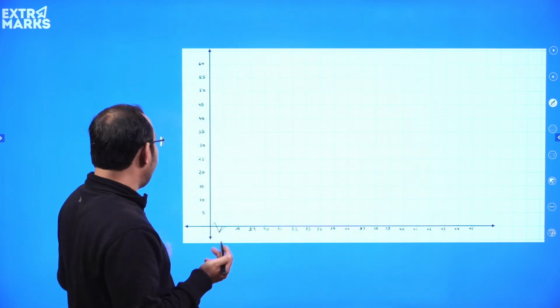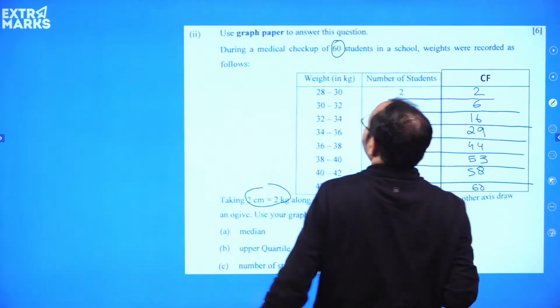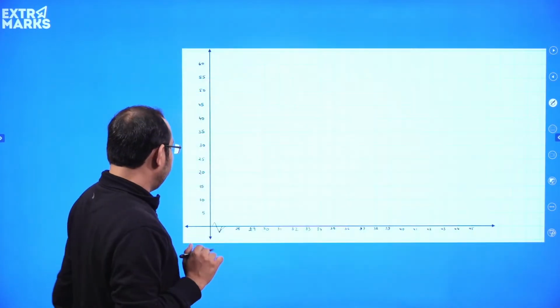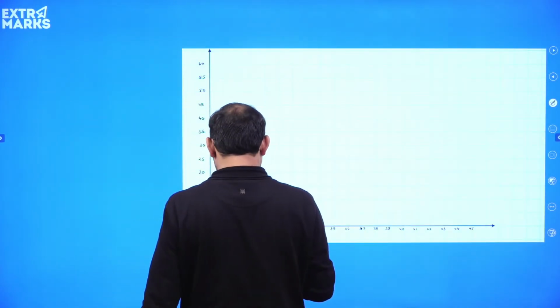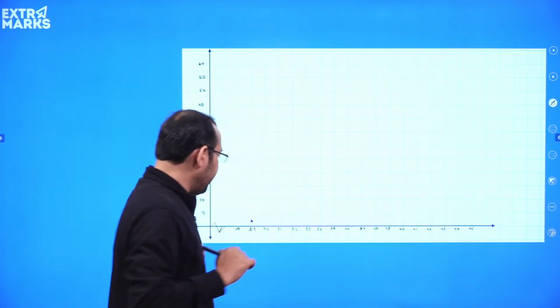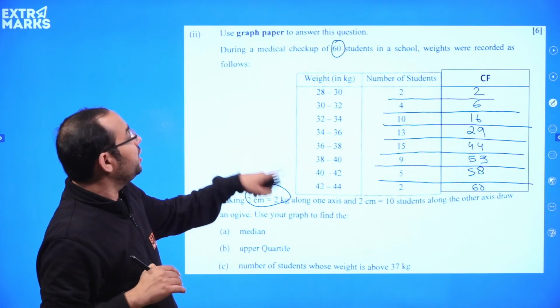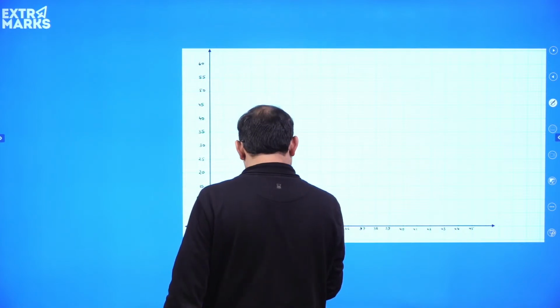Let's see. So now 28 to 30, it is 2. Looking at this, let's do the markings. 28 to 30, it is 2, so it will come somewhere like here. Similarly you can keep on marking the points. 30 to 32, it is 6, so it will come somewhere here.